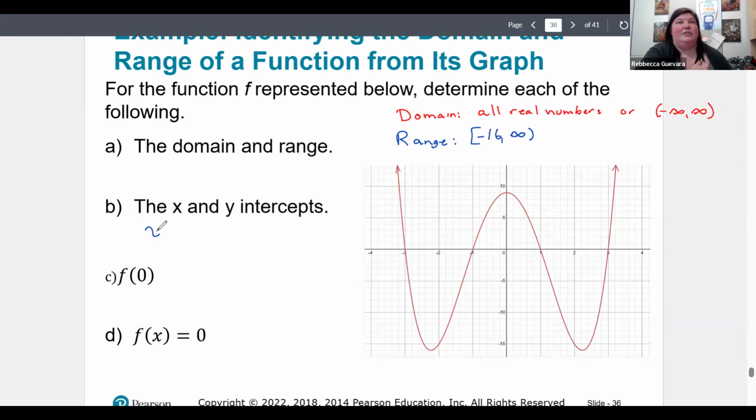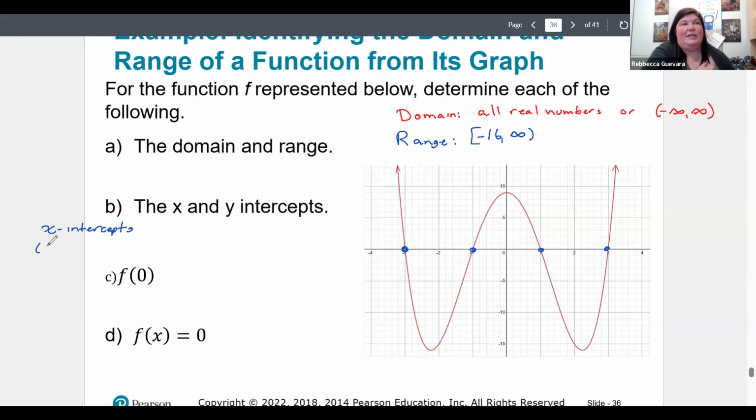All right, so x-intercepts. So every place I cross the x-axis, those are going to be the points. Give myself a little more room here. Those are going to be the points here.